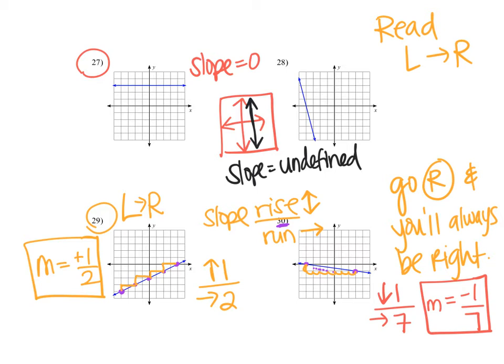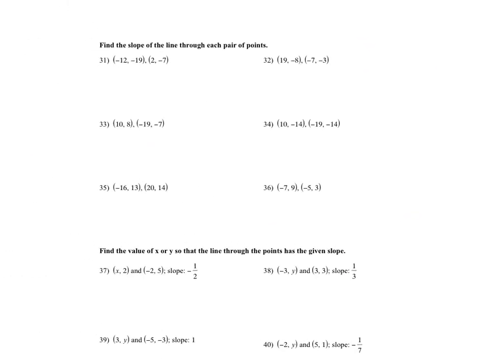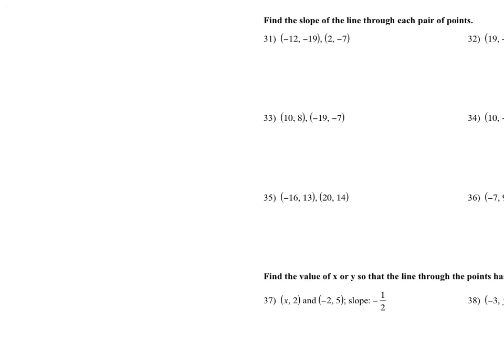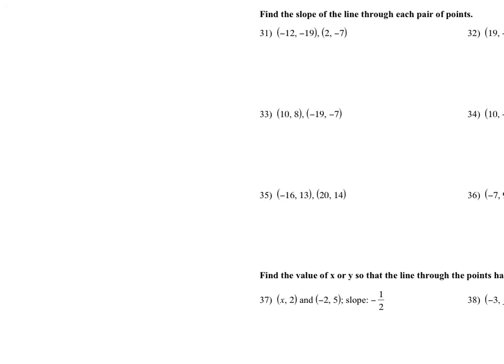Great, so we've made it to the next section. So I'm going to actually go to the right. Oops. So I'm going to zoom in over here. So it says find the slope of the line through each pair of points. And I'm going to give you the formula. So the formula for slope, m equals y2 minus y1 over x2 minus x1.